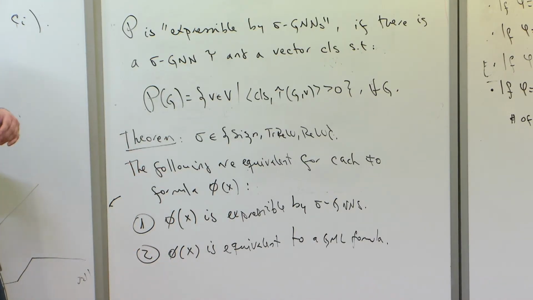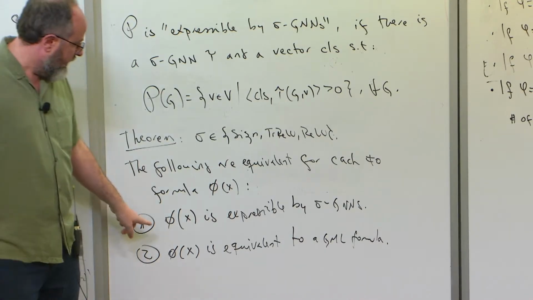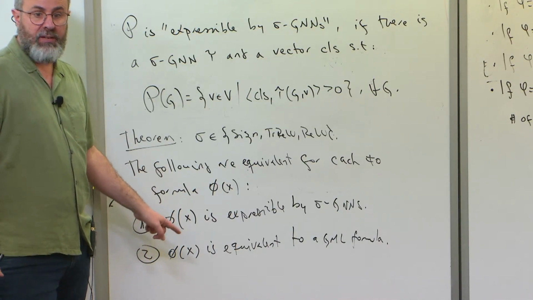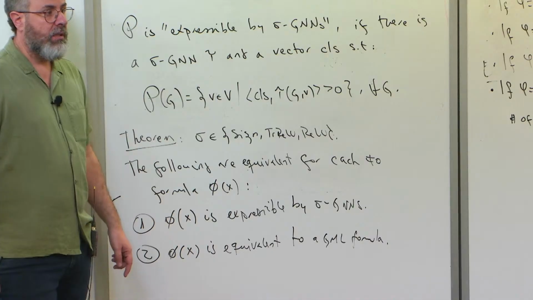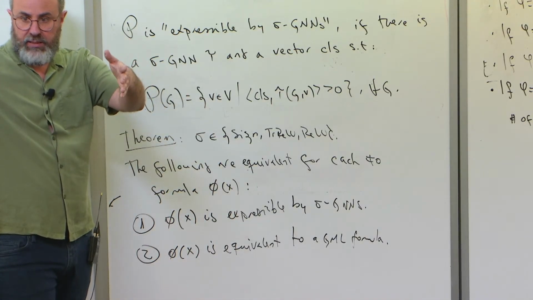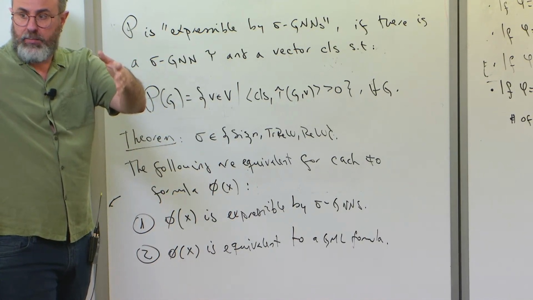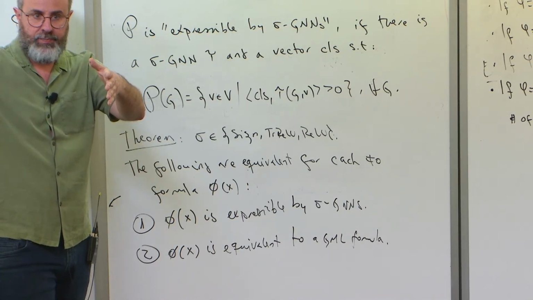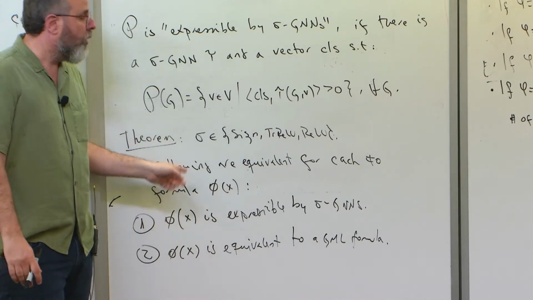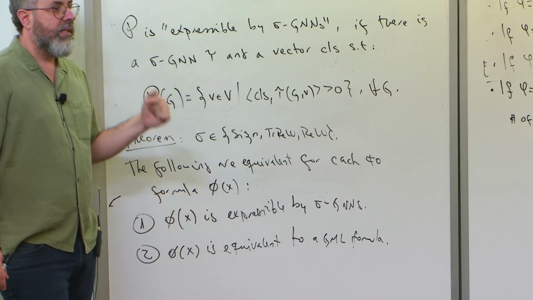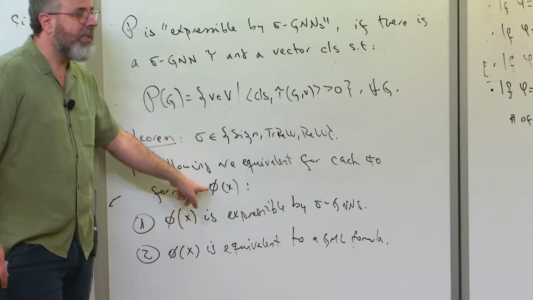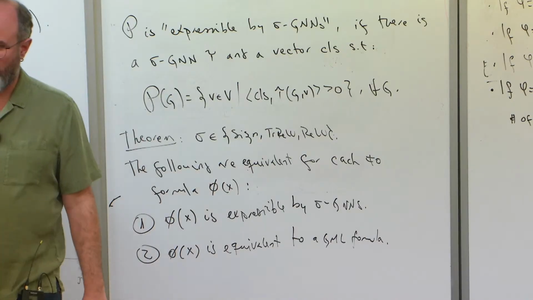And what does this result say? It says two things. It says that if we have a property that can be expressed by a formula in GML, then I can construct a sigma GNN that verifies exactly the same property on node color graphs. But it also says that the converse holds, but only for properties that are expressible by first order formulas.